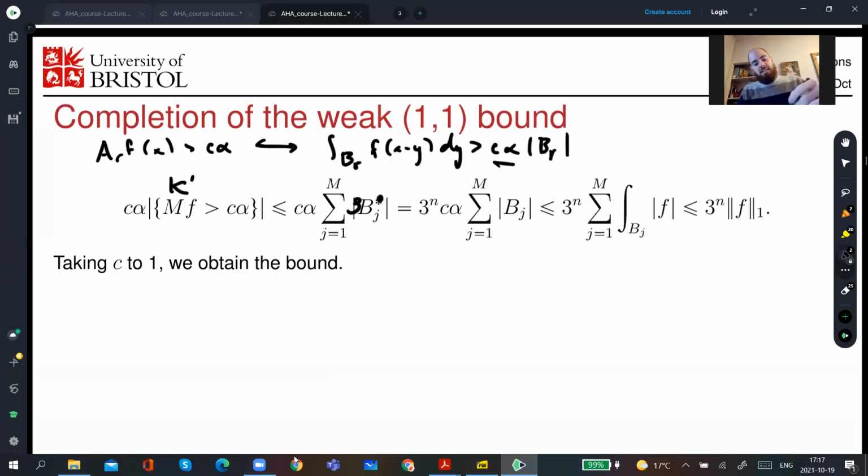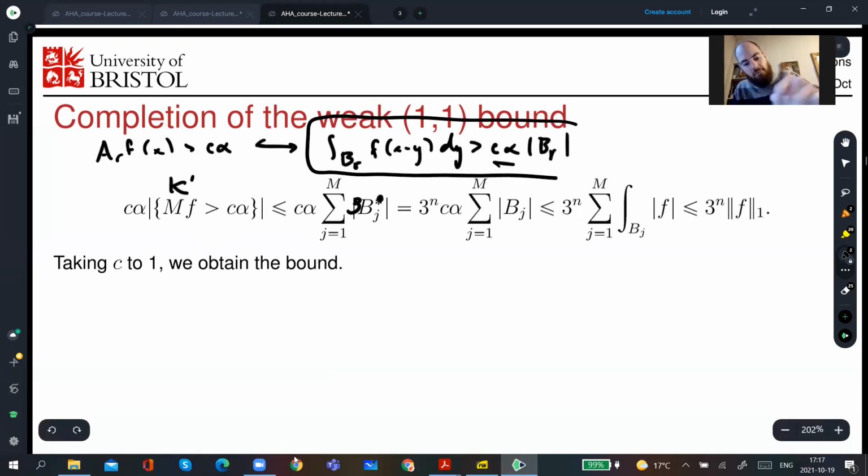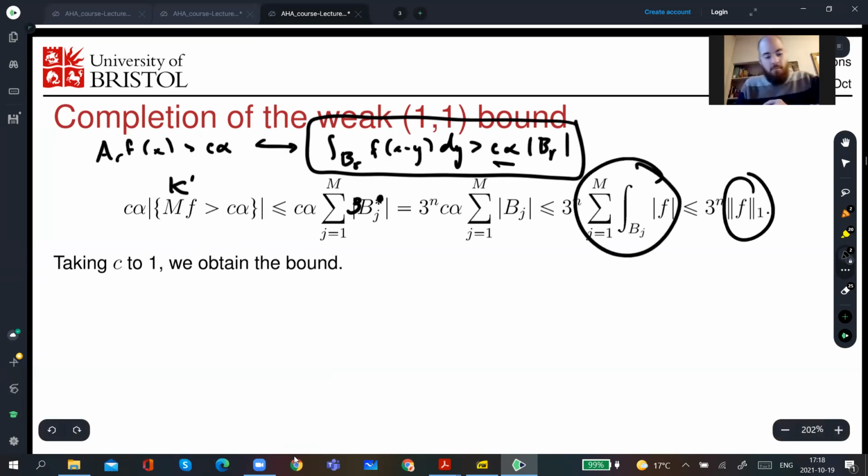And now when I sum these up, I use this inequality right here. I plug it in. And since the B_j are disjoint, I actually get to include that this is at most the L1 norm. And now just by expanding C towards 1, so that you shrink K prime to actually be the right compact set, you get the right bound.